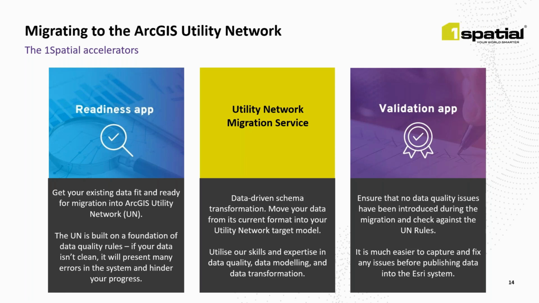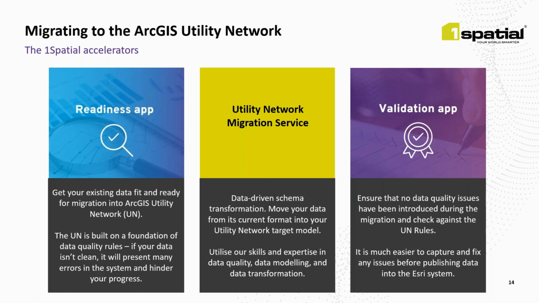And on the right-hand side, we also have a validation app similar to Readiness. This is a SaaS-based application where you submit your data, run it through a set of rules, and are presented with a report which tells you if that data that you have migrated is correct and accurate, and it's all present, and it all fits the rules that you've configured within that utility network.